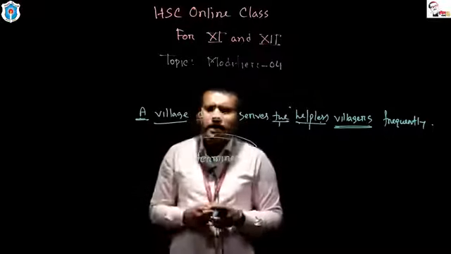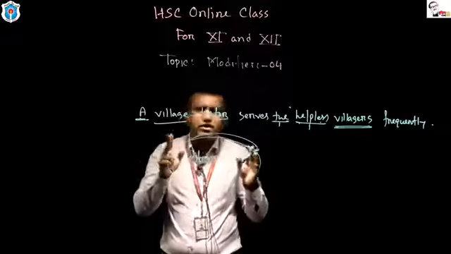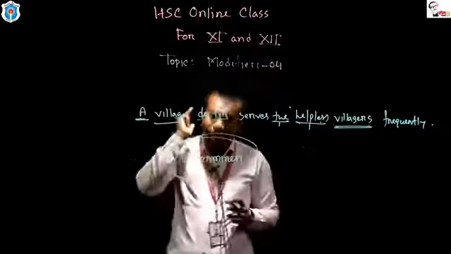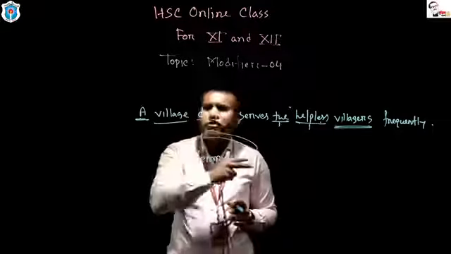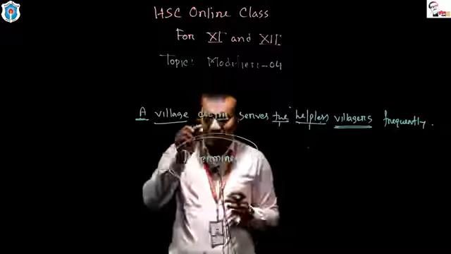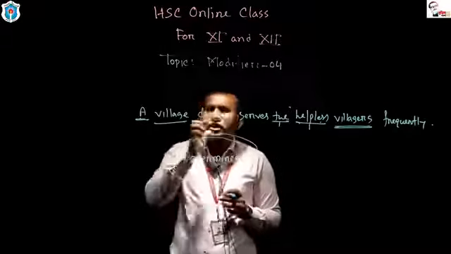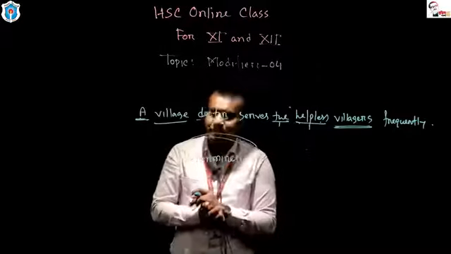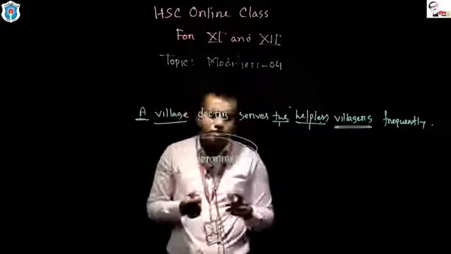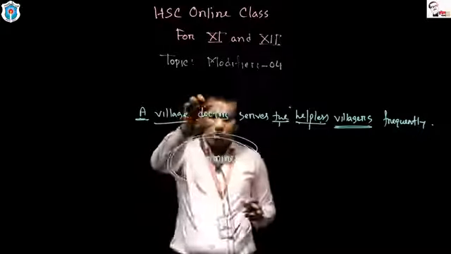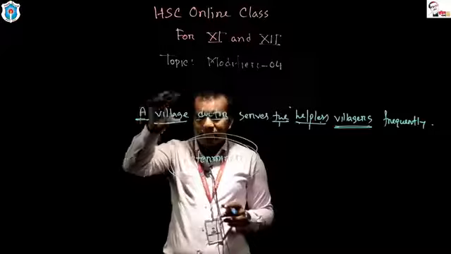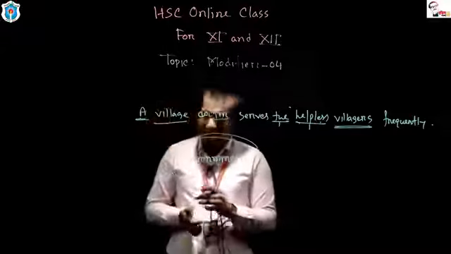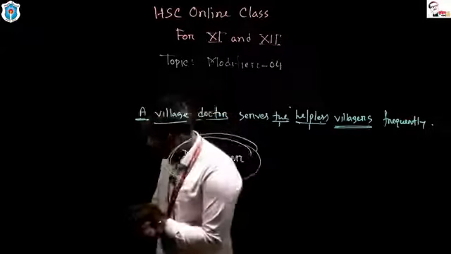Doctor is a noun. If any word or part of speech modifies a noun or pronoun, that modifying part of speech or modifier will be an adjective, definitely an adjective. Here doctor is a noun. This doctor is being modified by village. That's why I can say village is also an adjective.